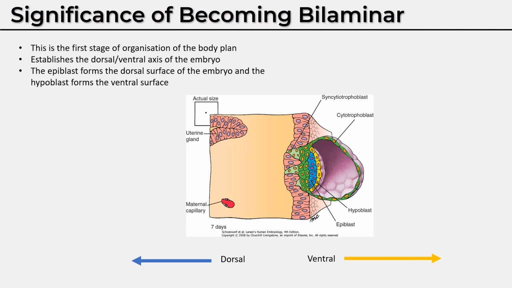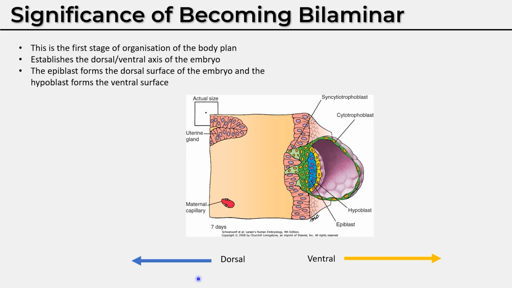So there is a significance in becoming bilaminar, in that it is the first stage of organization that we really get into. So this is going to form where we have all of our organs essentially, and this helps to establish this dorsal ventral axis of the embryo.